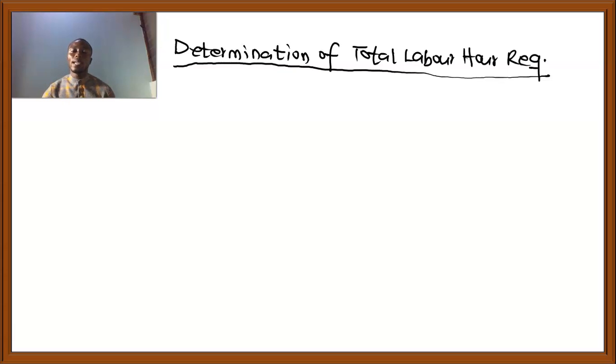Again, we have tables A, B, C, and D. To determine the total requirement, we multiply the demand by the labor hour per unit.